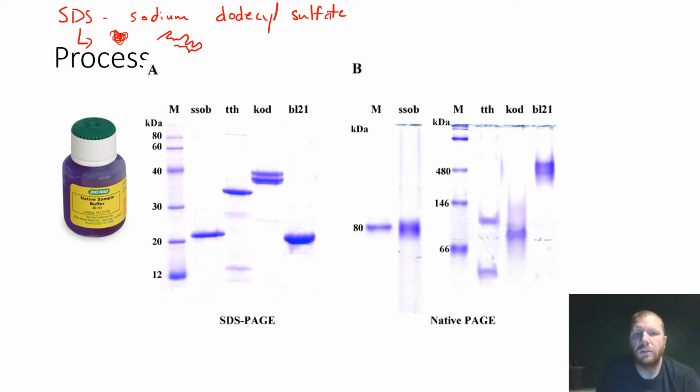Next is the sample buffer. You're not using the native sample buffer. Instead, this is commonly known as the Laemmli sample buffer, or if you go to Bio-Rad or some other vendor's webpage, you'll likely find it labeled as the SDS sample buffer.